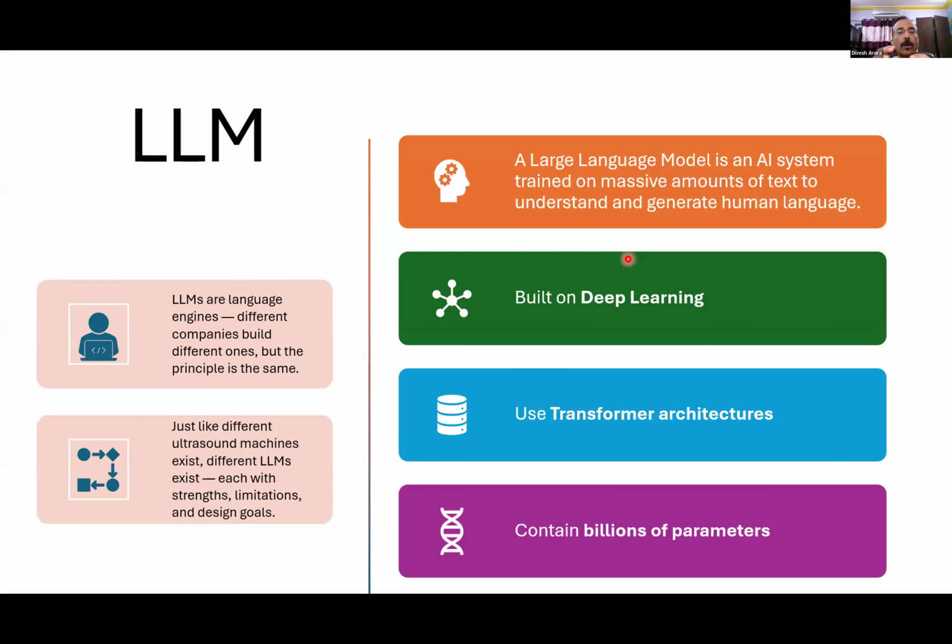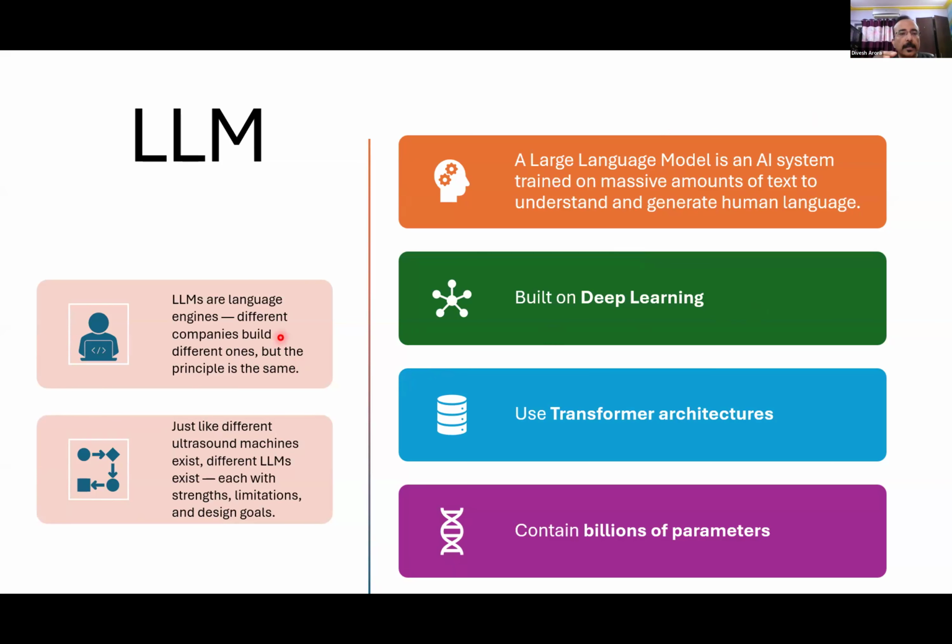Now coming on to how these large language models function, our deep dive would be done by Dr. Murli. A large language model, my dear friends, is an AI system which is trained on large amounts of text to understand and generate human language. It is essentially a component of deep learning and uses transformer architectures, which were introduced in 2017, and it contains billions of parameters.